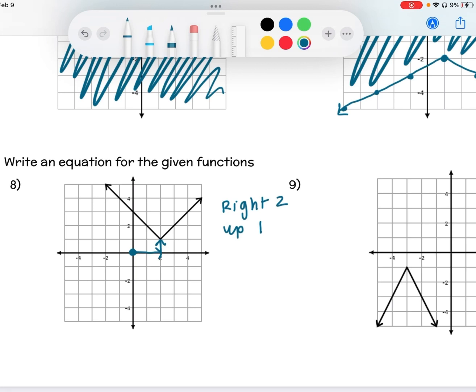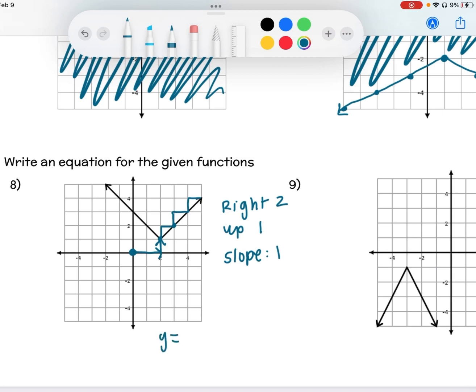All right, so last thing we need to do to write the equation is to check the slope. So I'm going to go from that vertex point on the graph up to like the next perfect point. So if we go up 1 over 1, that's what we're going to do for this whole line. So the slope didn't change at all, so we have no vertical stretch or shrink. So slope is still 1. All right, so then we just fill that into our equation.